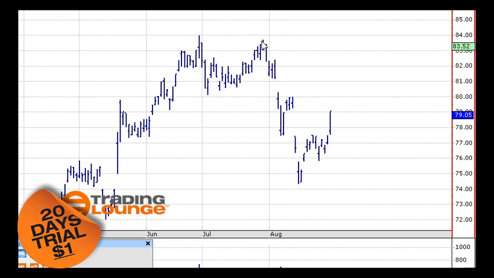Wave 2 should be the same time as this, or even smaller than that in terms of time, but it's much bigger. So I'm wondering if we've actually got an A wave here, a B wave here, then 1 and 2 and 3 and 4 and 5 here for this market here.